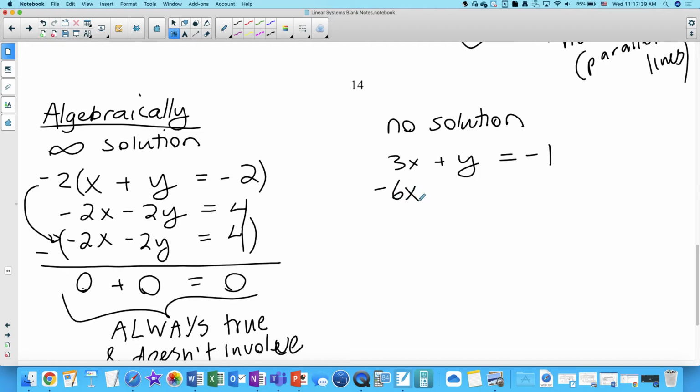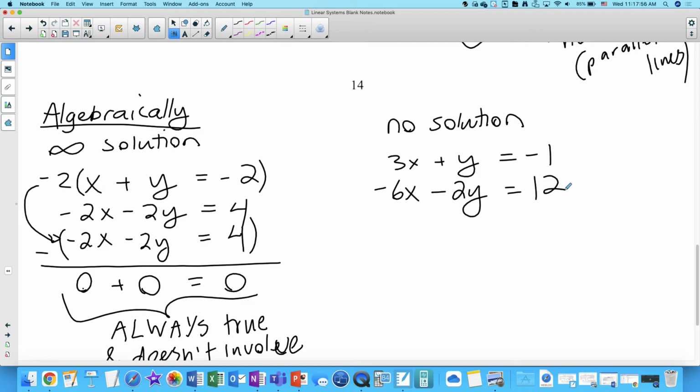Minus 2y, thank you. I should know that. And this was 12, right? Yeah? Okay, cool. All right, so if we were to solve this using elimination, how would you do that?